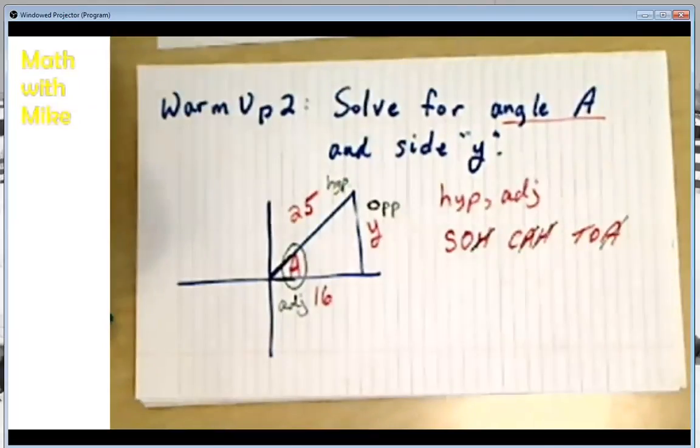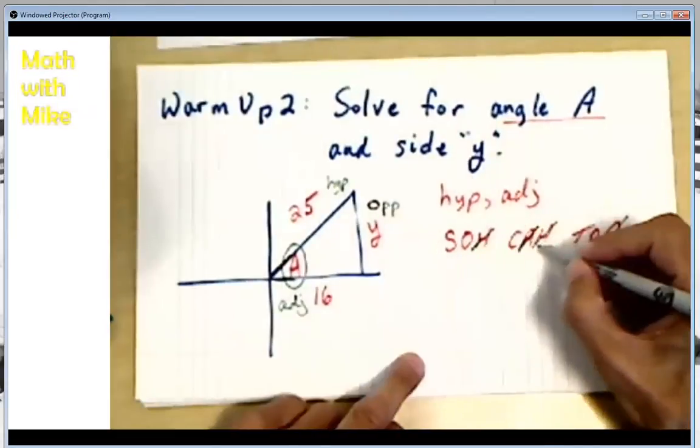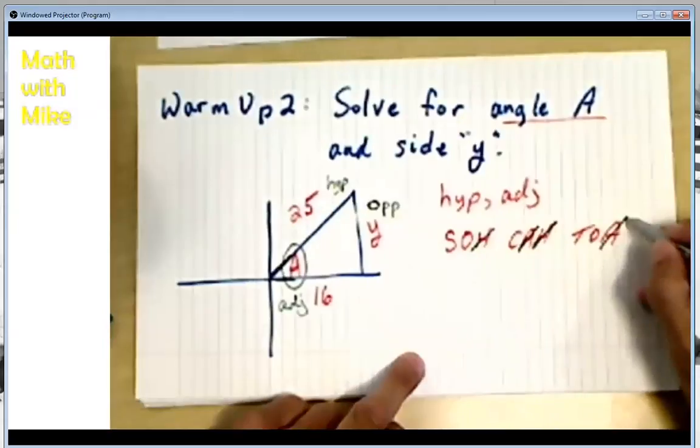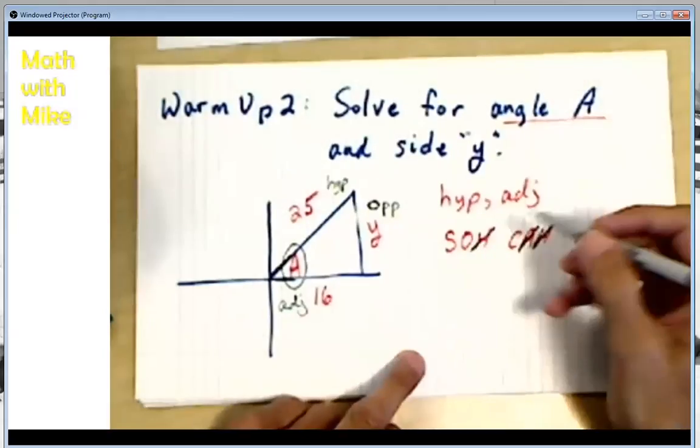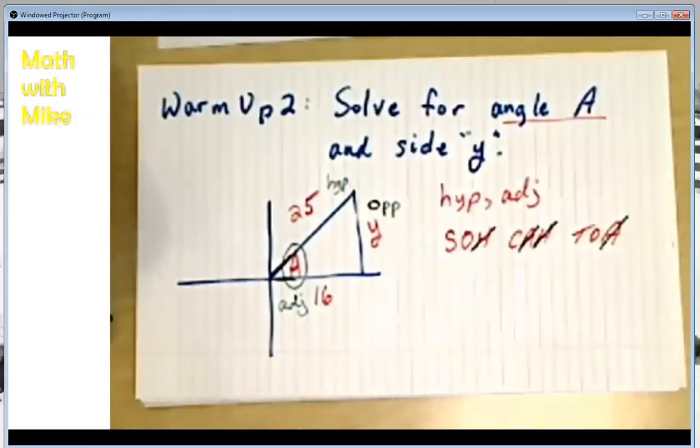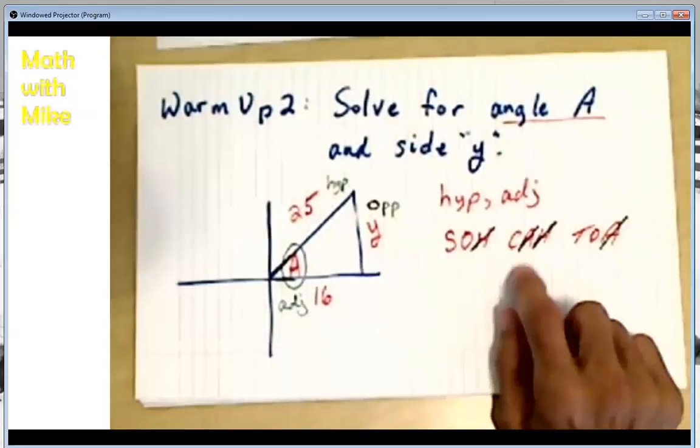So that is 2 there, that is 2 there. Which one do we select then? We select the one that has 2 slashes through it.